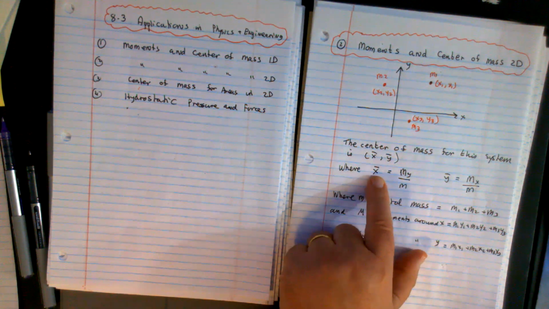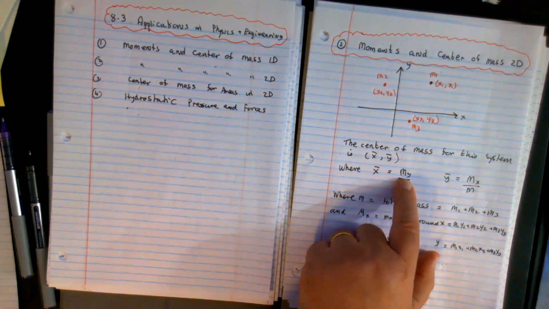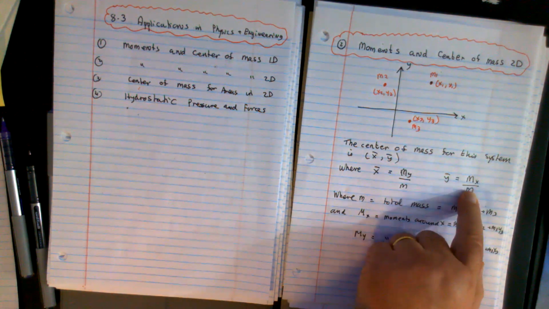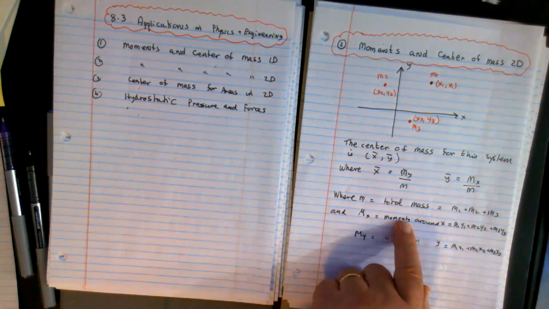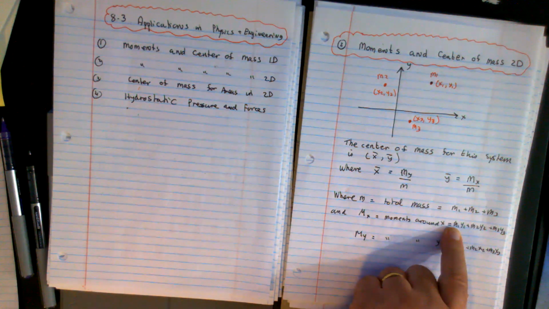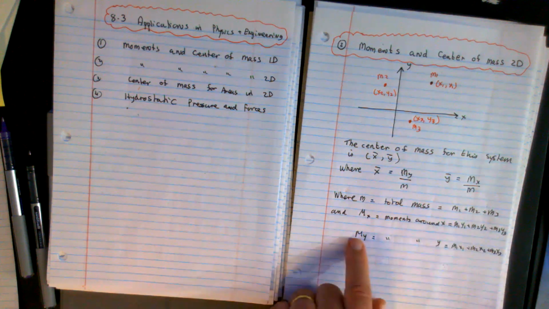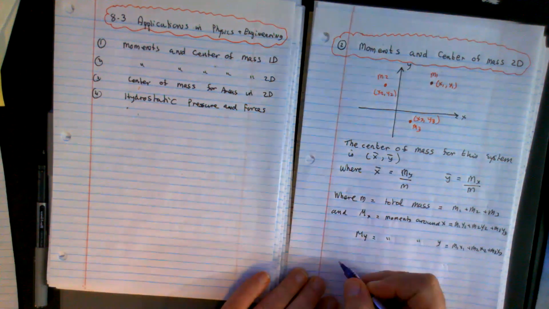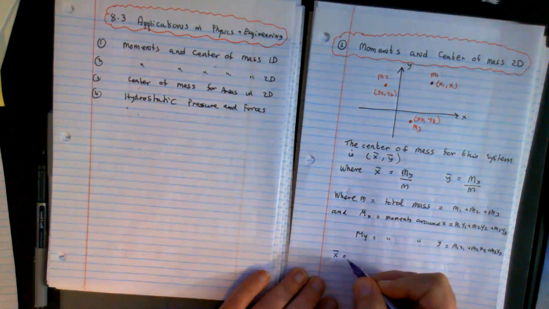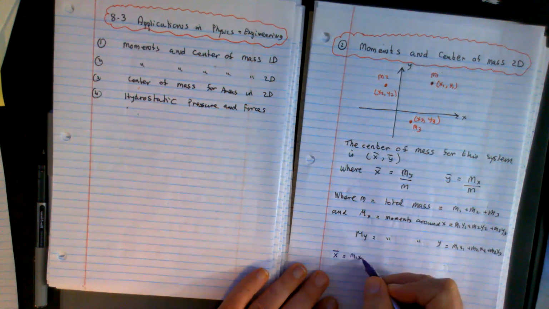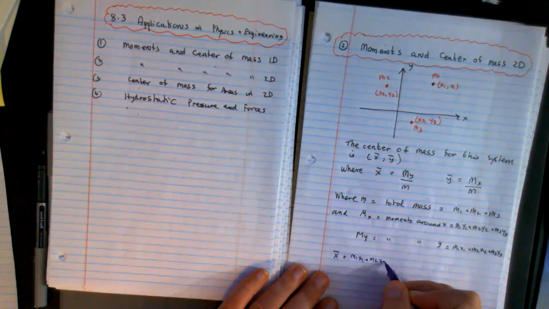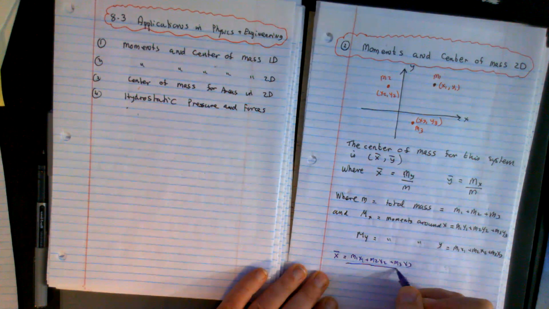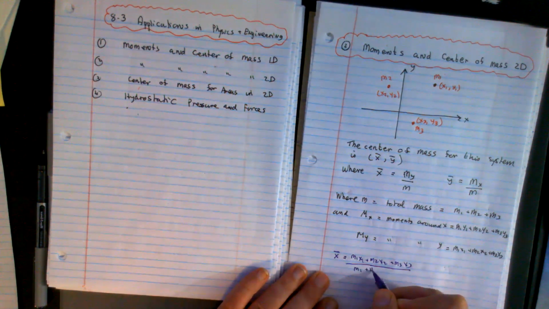Now, x bar is the moment over the y's of little m, and y bar is the moment over the x's of little m, and Mx is what you get when you do this, and My is what you get when you do this. So when you actually look at the equation in all its glory, this guy will be m1 x1 plus m2 x2 plus m3 x3 over m1 plus m2 plus m3.